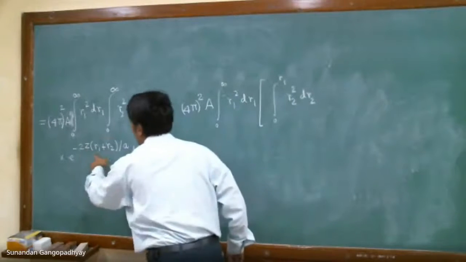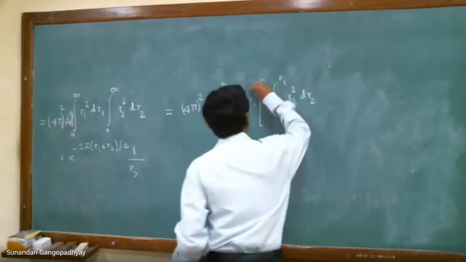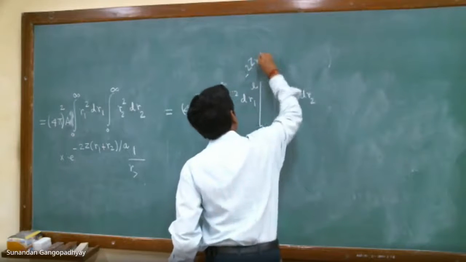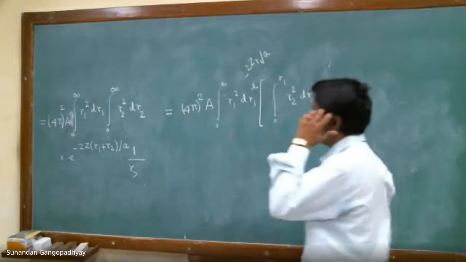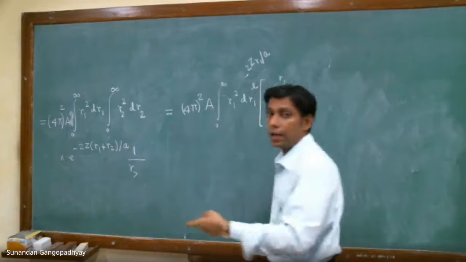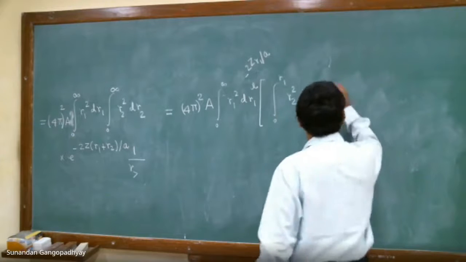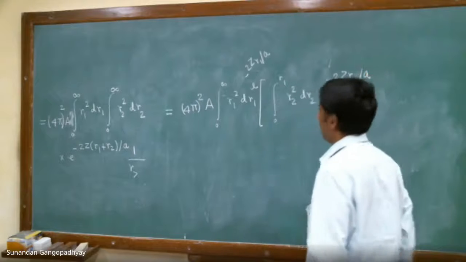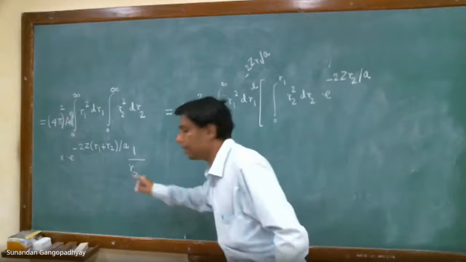This r1 you can separate it out. So you can write this r1 outside. So this will become minus 2z r1 by a. Okay, so that goes outside. But this r2, I want to perform the r2 integral first. So this will become minus 2z r2 by a. And then you have 1 by r greater.